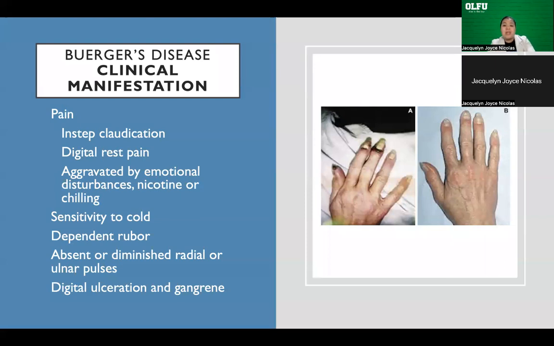So there can be chilling or tingling sensation, okay, ng mga fingers. Now, it can be aggravated by emotional disturbances, even by nicotine, di ba? Nag-i-smoke sila, maramdaman nila parang may pagkamasakit doon sa kanilang kamay, fingers. Okay? Or chilling kapag masyadong malamig.